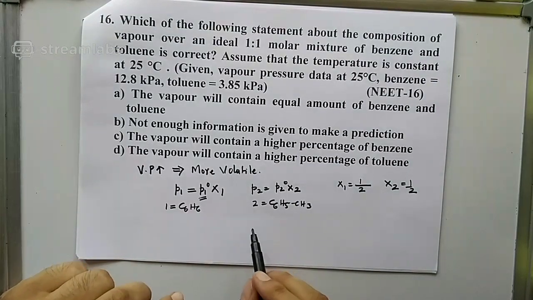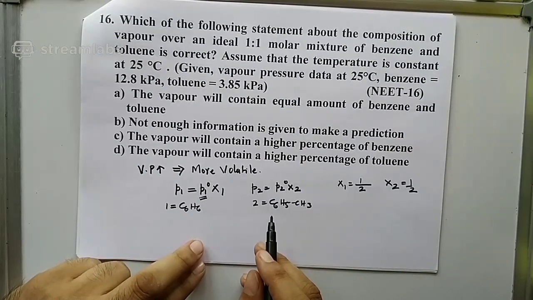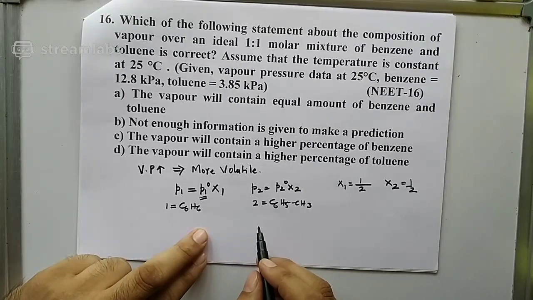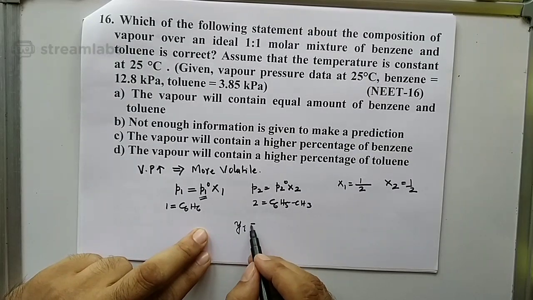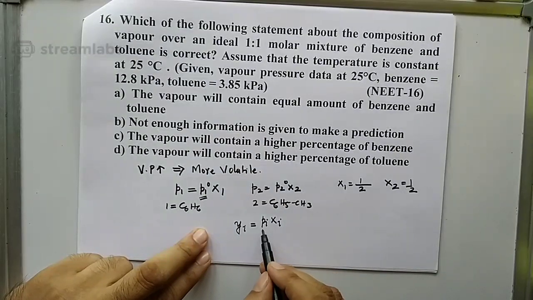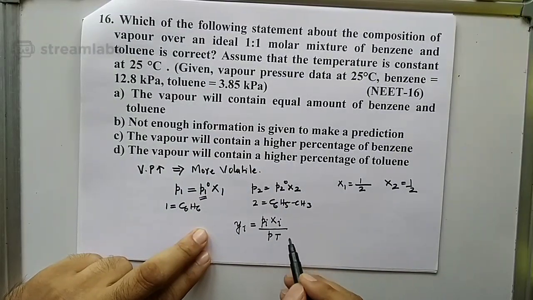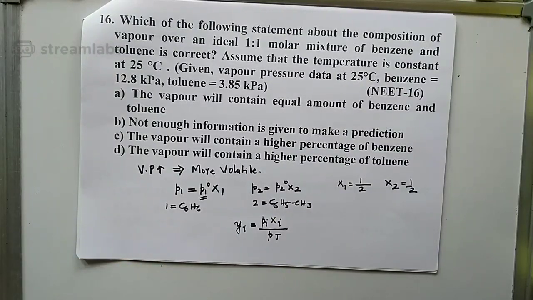They are asking, assuming that the temperature is constant, which of the following statements would be correct? Everything is given in terms of the vapor pressure. Now we can say that vapor phase composition Yi is equal to Pi naught Xi divided by P total. P total is constant for both. If we write it for Y1 and Y2, it would be the same.